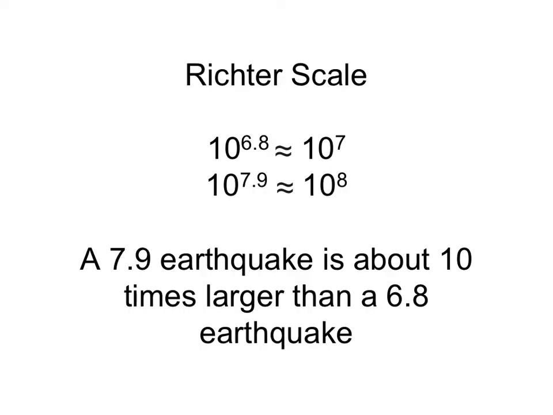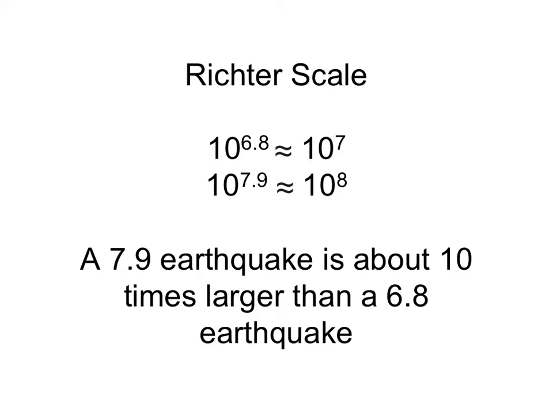So the Richter scale is a logarithmic scale, and if you see a 6.8 earthquake, in truth it means that the amplitude of the earthquake is going to be proportional to 10 to the power 6.8, which is approximately 10 to the 7.